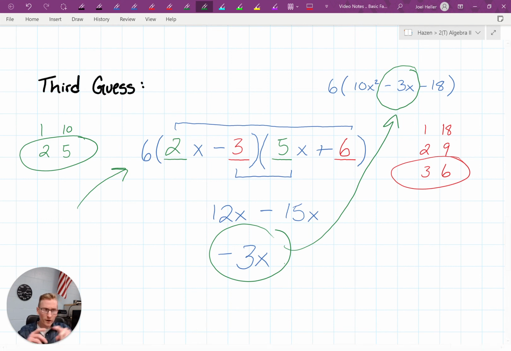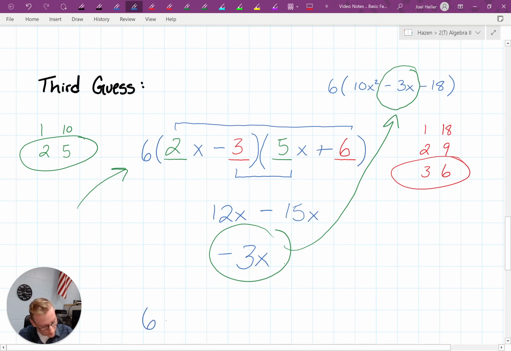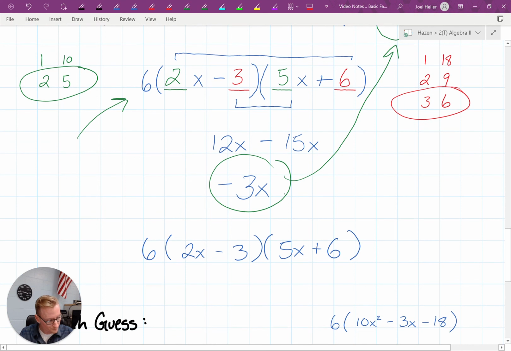But before we move on, I want to check that. Let's take my original here. I've got 6 times 2x minus 3 times 5x plus 6. Let's do the full distributive property and see what we got here. So we've got first two, that's going to be your 10x squared.